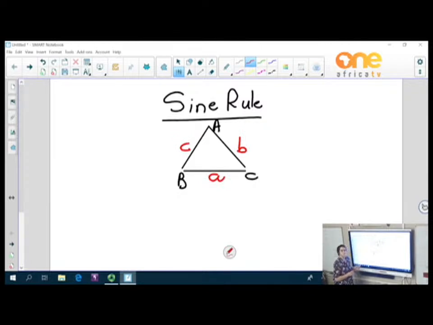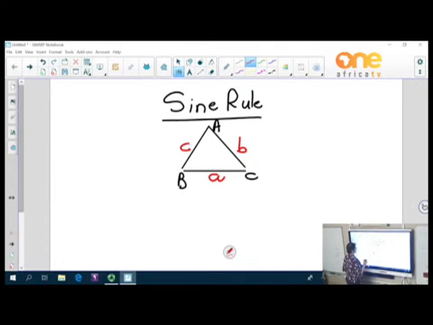That's the first very important fact we need to know. We can use the sine rule to find angles or sides, and you will use it if you have two opposite pairs: an angle and its side, and another angle and its side. Or it might be c as well.